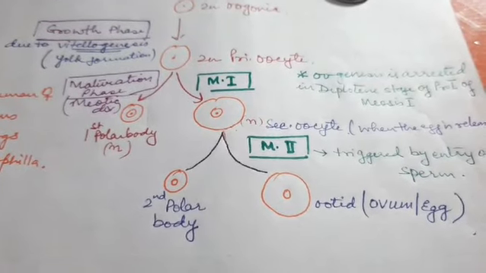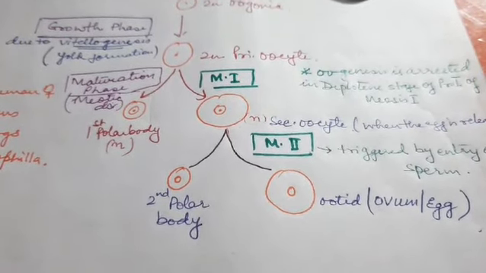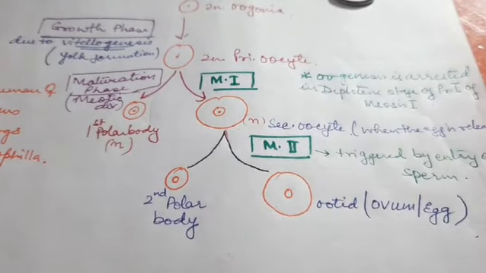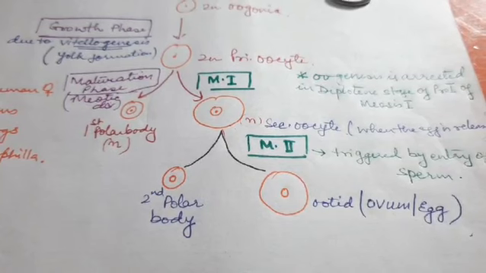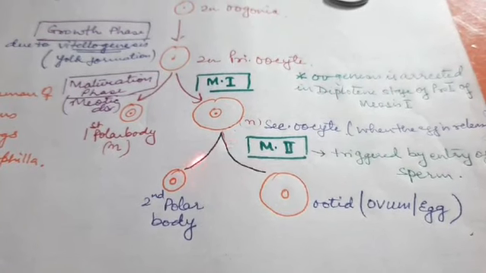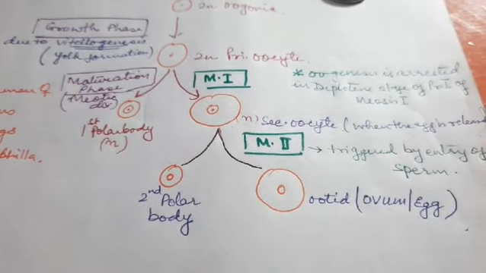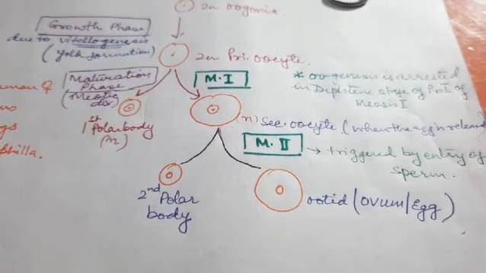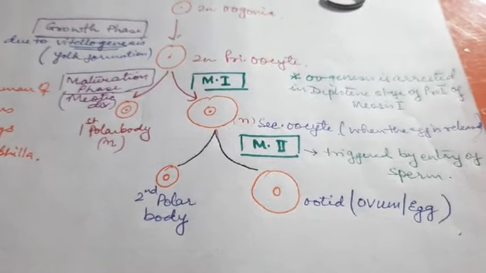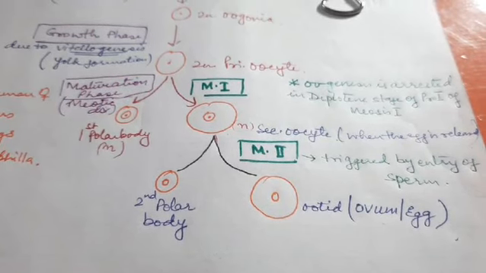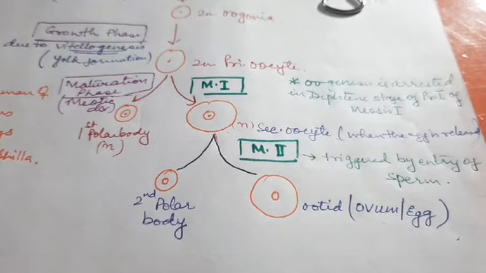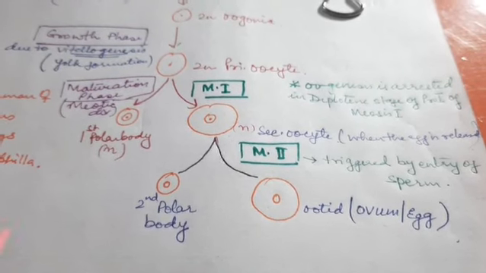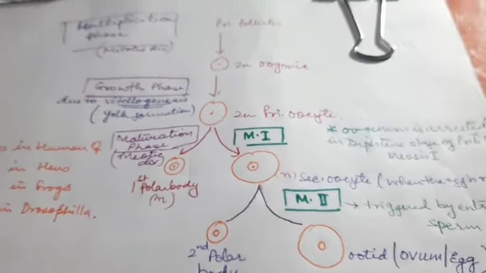So, after this, when the menstrual cycle starts, the secondary oocyte formation will take place and the secondary oocyte will be released. This meiosis 2 only takes place when the sperm enters, otherwise the egg will be lost in the form of secondary oocyte itself, and it will never reach the ootid stage.